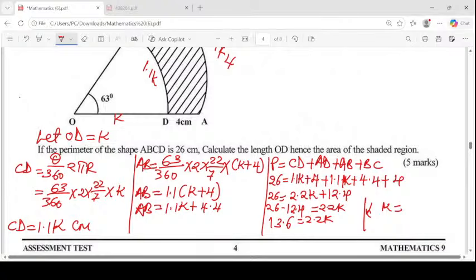I feel there is a value missing. My value of k here should be, when I take 13.6 divided by 2.2, this is 68 over 11. That is 68 over 11.